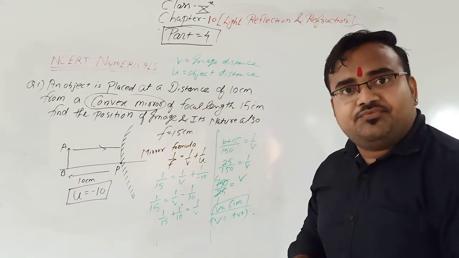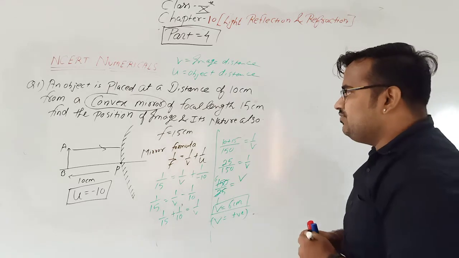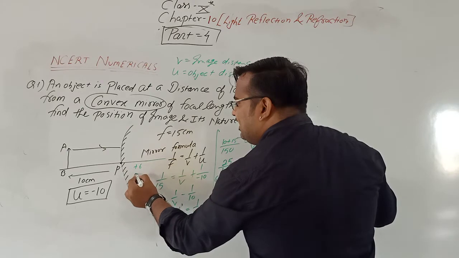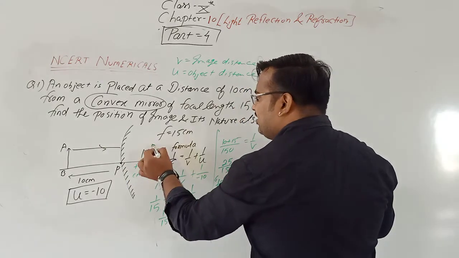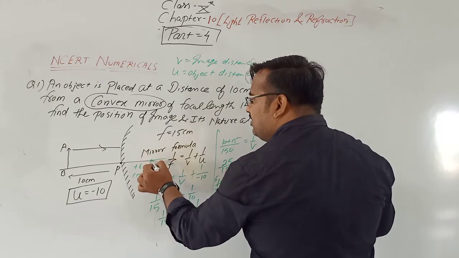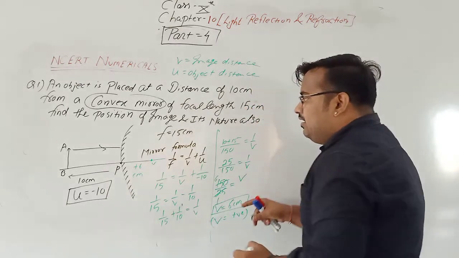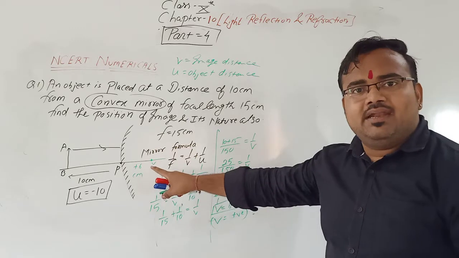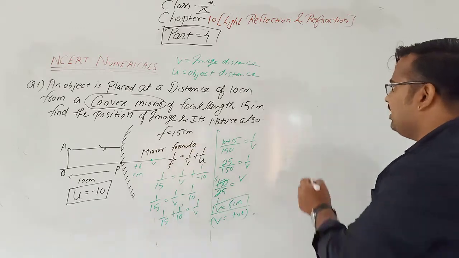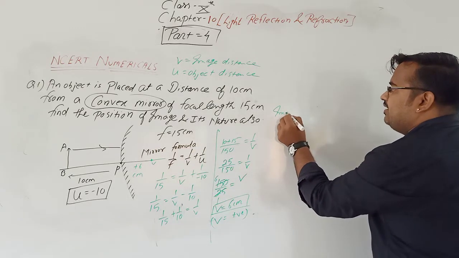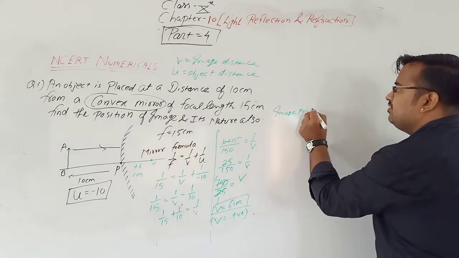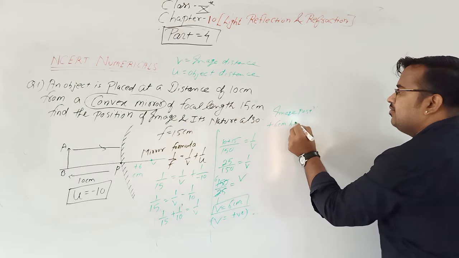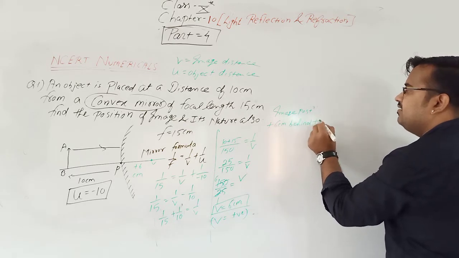That means the image is formed at plus 6 centimeter. For example, the image is formed here. So what is the position of the image? The image position is plus 6 centimeter behind the mirror.